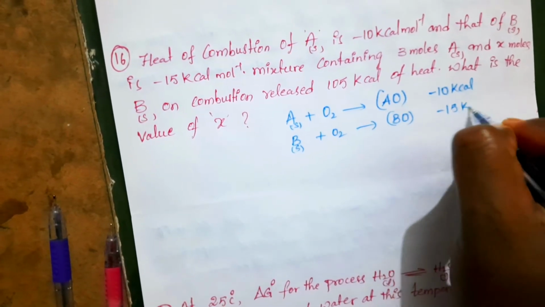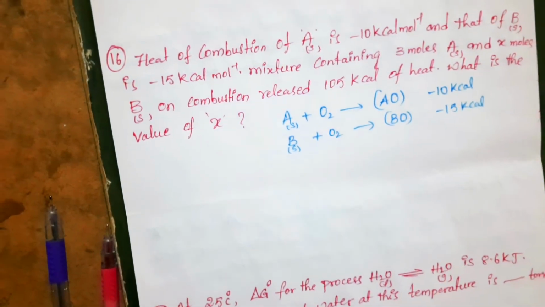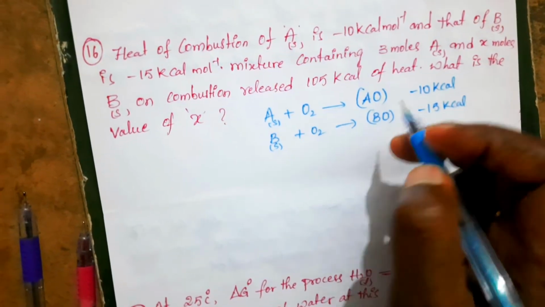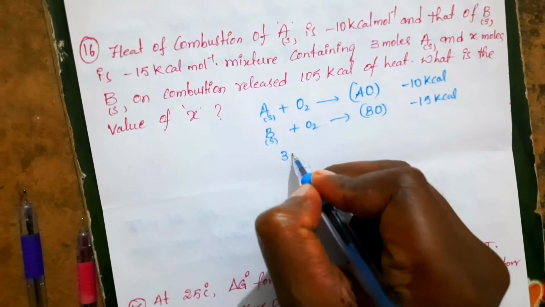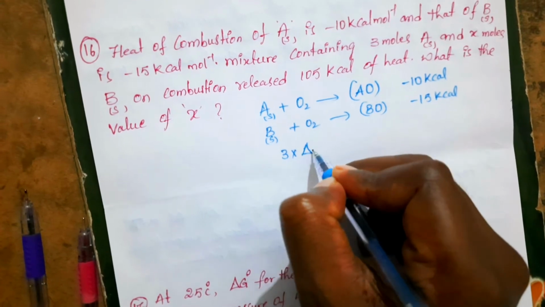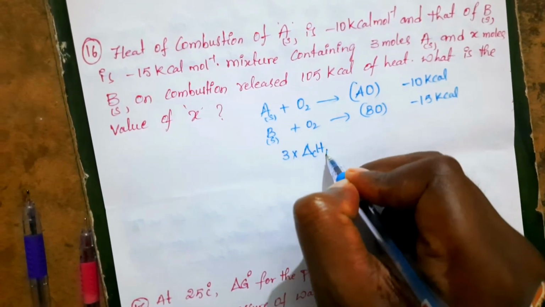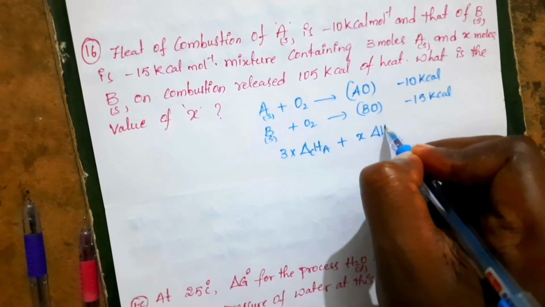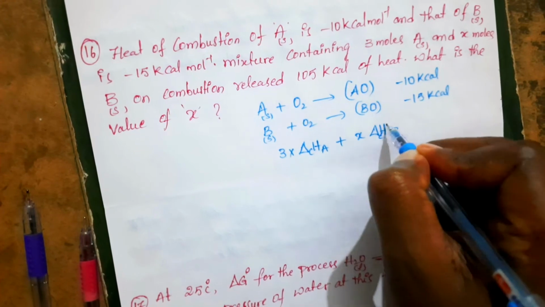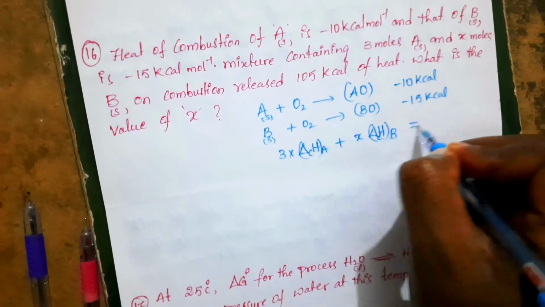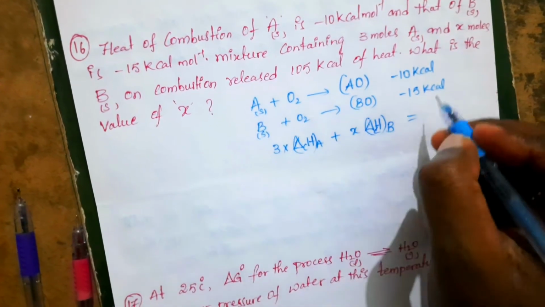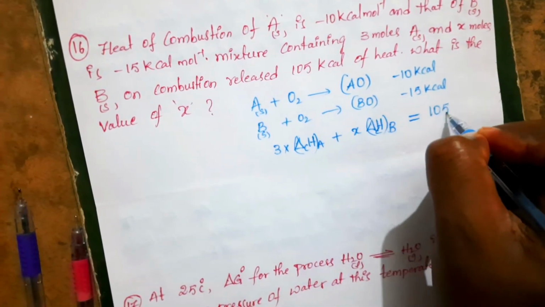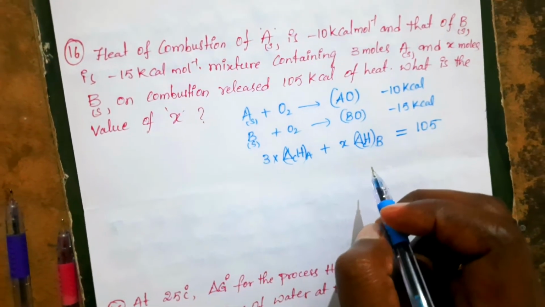Minus 15 kilocalories. Now here, when they take the mixture containing 3 moles of A and X moles of B, that is 3 moles of the heat of combustion of A plus X moles of the heat of combustion of B. These two are mixed and burnt, and they got 105 kilocalorie of heat energy.